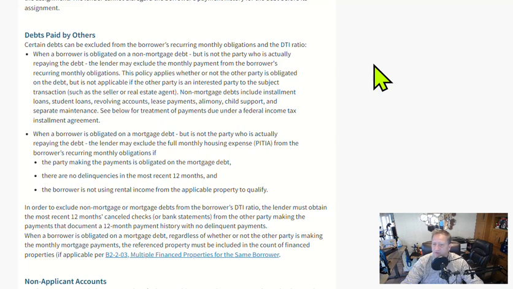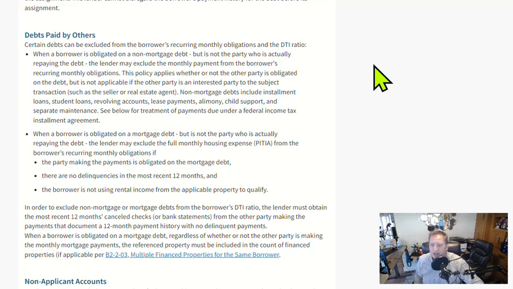Debts paid by others. Certain debts can be excluded from the borrower's recurring monthly obligations in the DTI ratio. When a borrower is obligated on a non-mortgage debt but is not the party who is actually repaying the debt, the lender may exclude the monthly payments from the borrower's recurring monthly obligations.